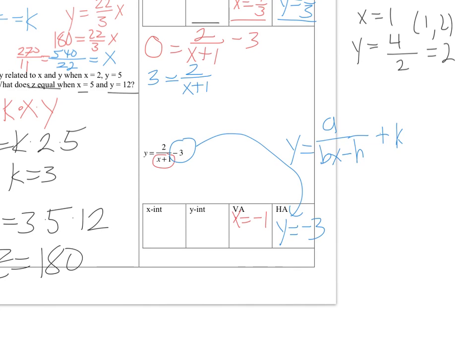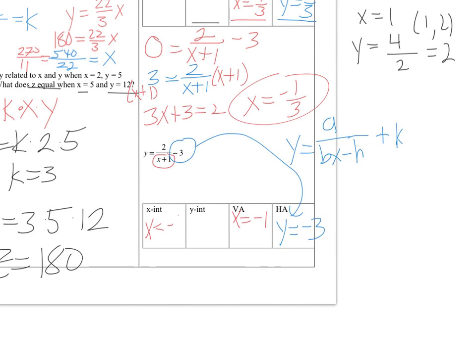If I multiply both sides by x plus 1, we get 3x plus 3 is equal to 2. If I subtract 3 and then divide by 3, we end up with x is equal to -1/3. So that was my x-intercept when y was equal to 0.